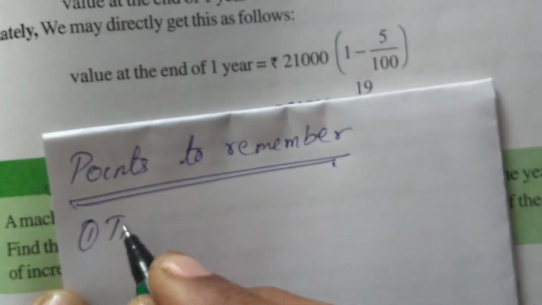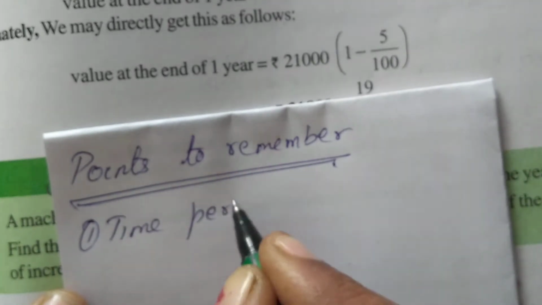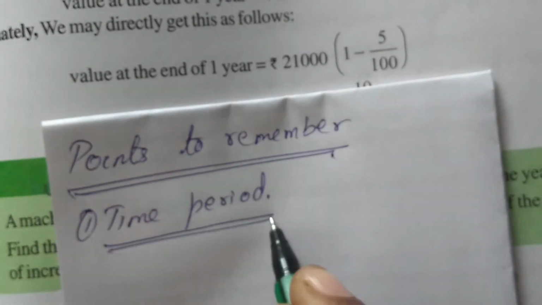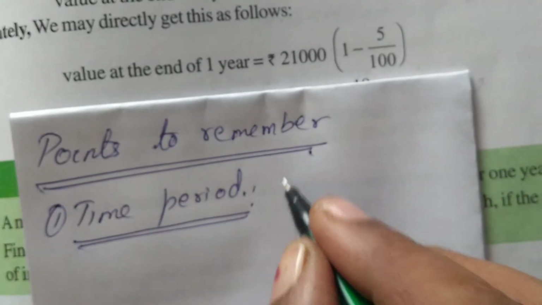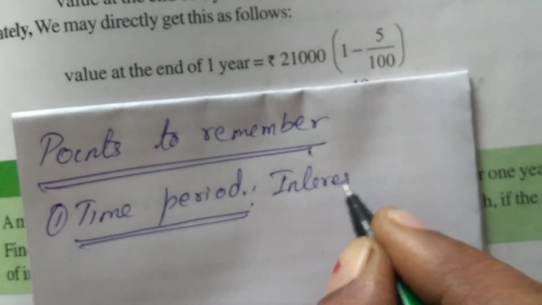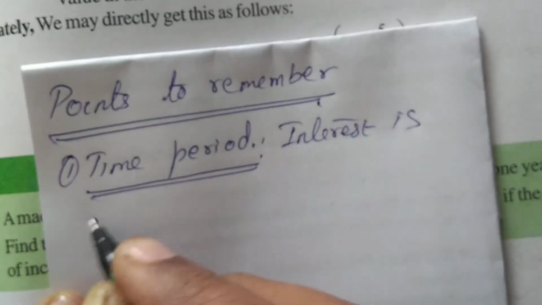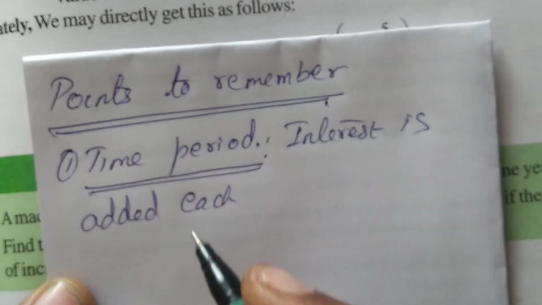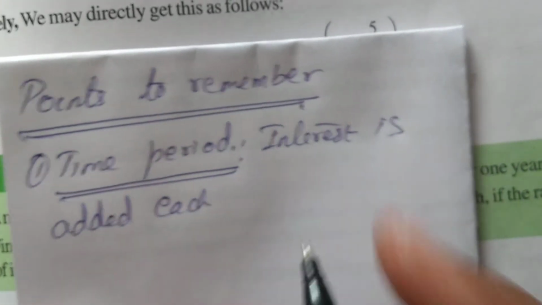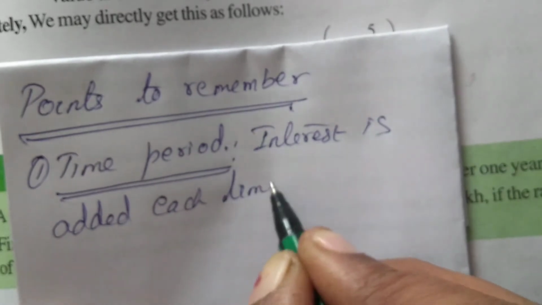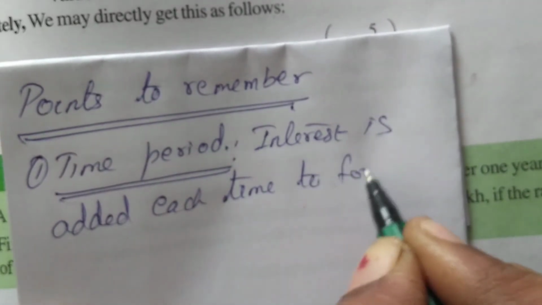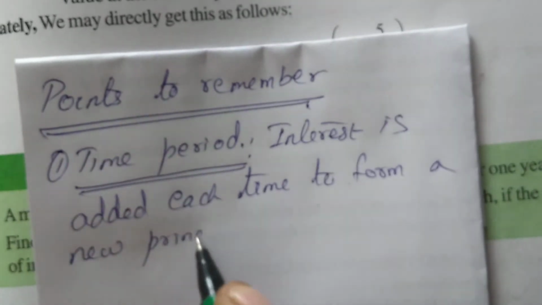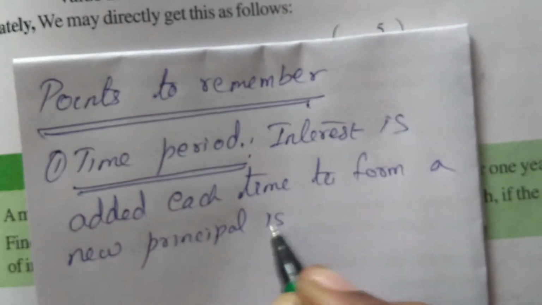What do we mean by time period? When interest is added each time to form a new principal, it is called the conversion period.